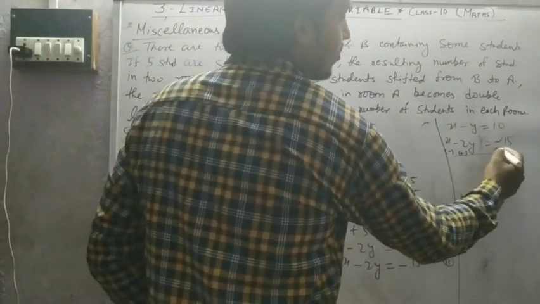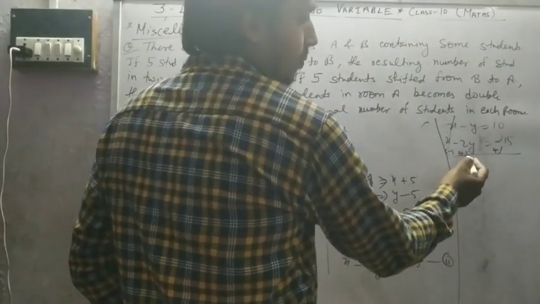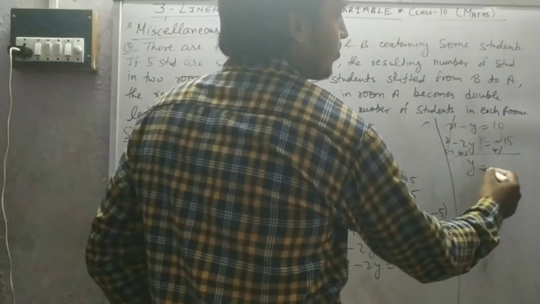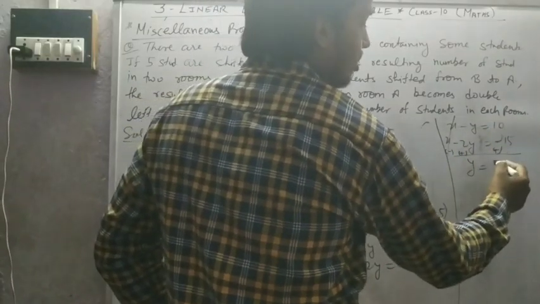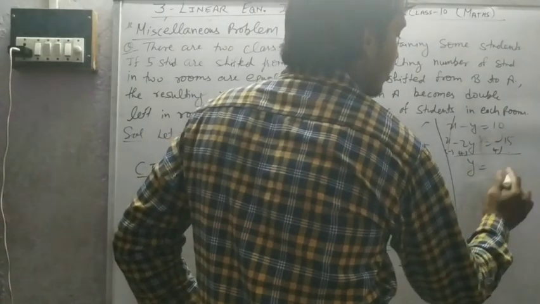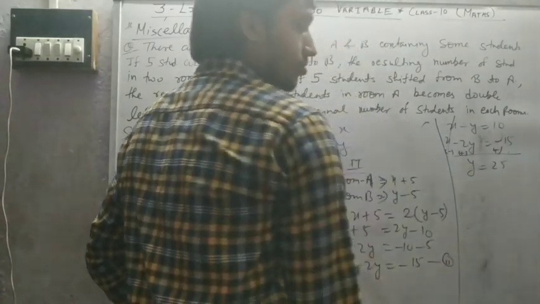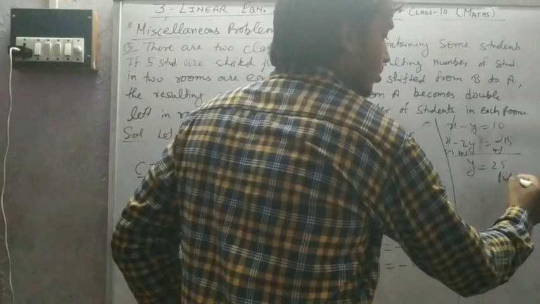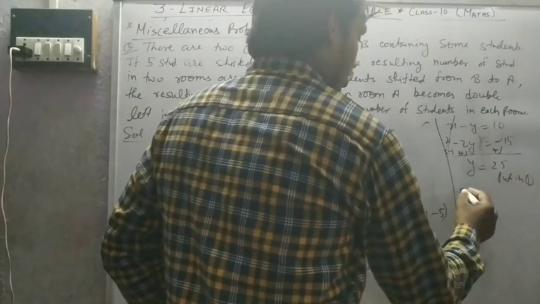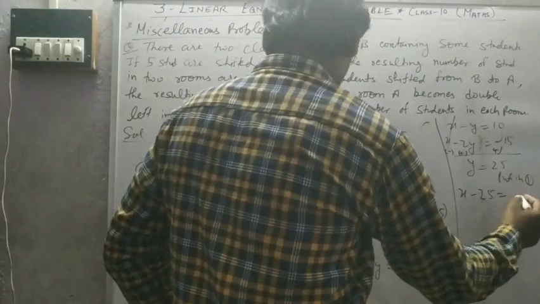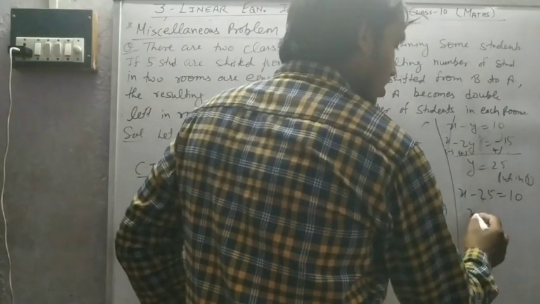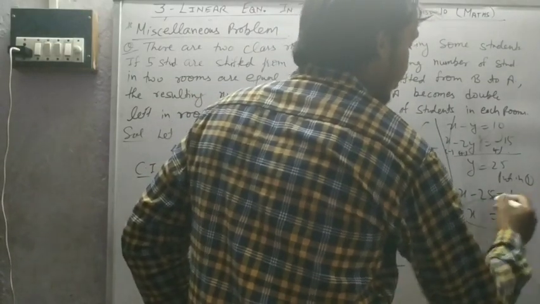Minus plus plus, x cancel, plus 2y minus y, y. 15 plus 10, 25. Put in first. So x minus 25 is equal to 10, x is equal to 35.